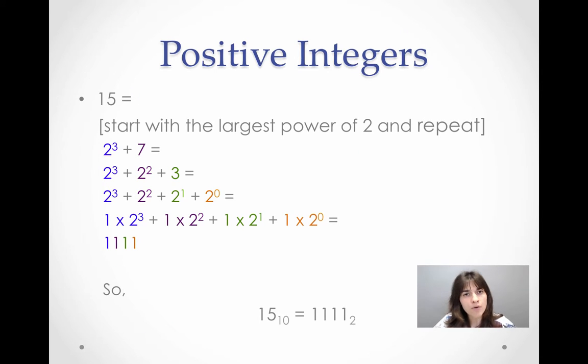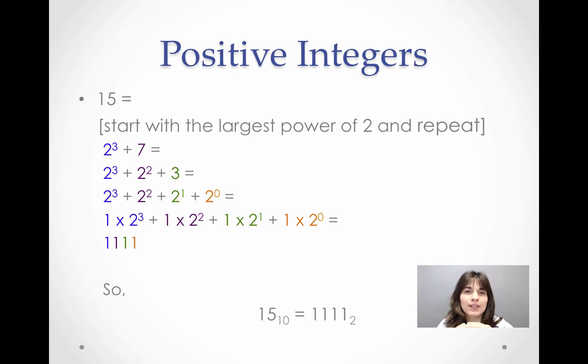We will now go through an example to understand how we can convert a number that is expressed in the decimal system into the equivalent form in the binary system. And we are again going to see a positive integer example. So take the number 15, the representation 1, 5 in the decimal system.